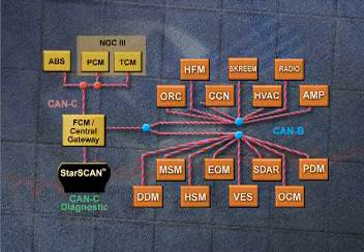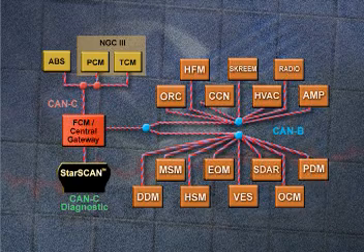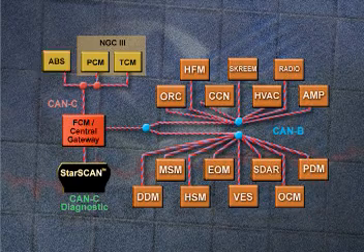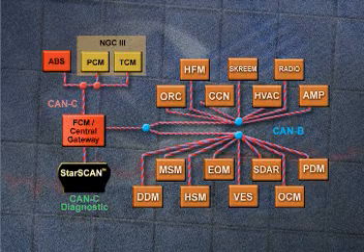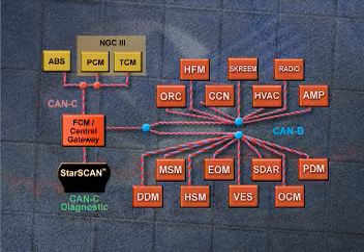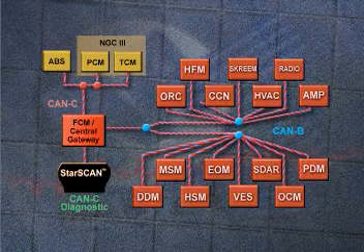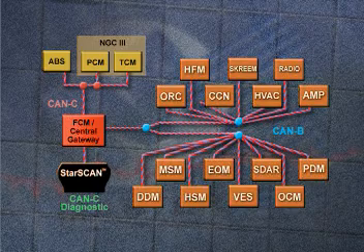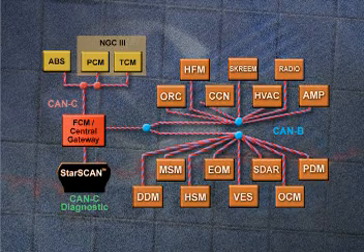In addition to separation, the central gateway processes messages from modules and relays those messages that need to travel to another bus or to the StarScan scan tool. It also monitors the network to keep track of which modules are communicating. Any network diagnostic trouble codes it records can be retrieved with the StarScan.